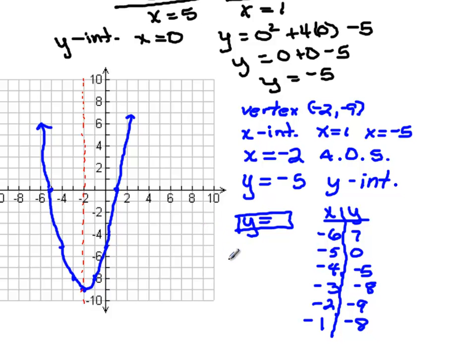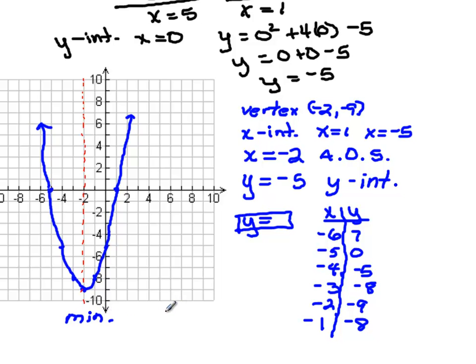Just bear with me. But then you just connect the points and draw it. And that's your parabola. And again, notice that the vertex is here at the bottom at (-2, -9), and that will be a minimum value.